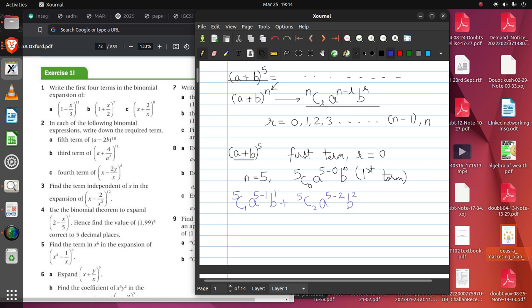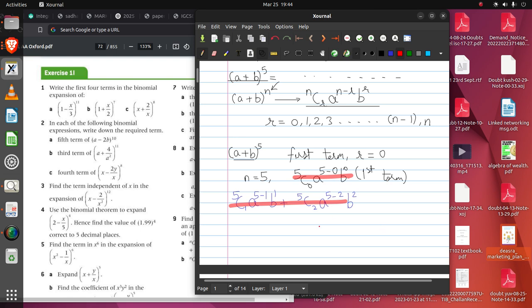Most of the time in the exam, they are not looking for many terms in the expansion. They will ask you a particular term. Sometimes they might ask you the first 3 terms or the first 4 terms, depending on the question. Then obviously I'll start writing like this, putting in the values of r starting from 0 and simplifying.